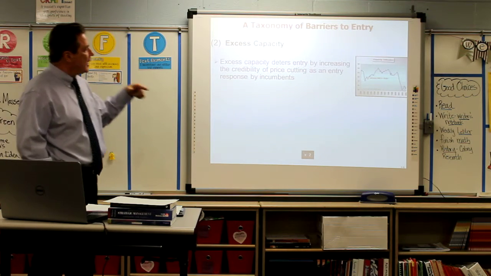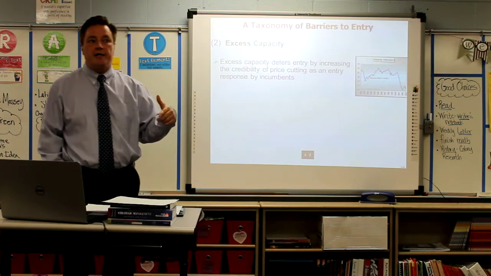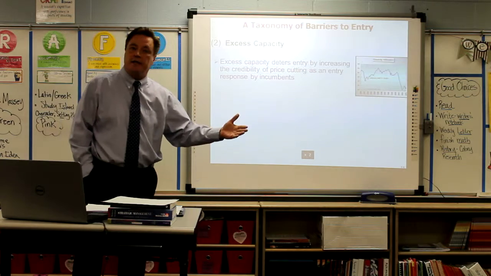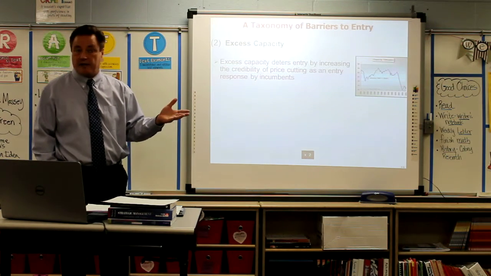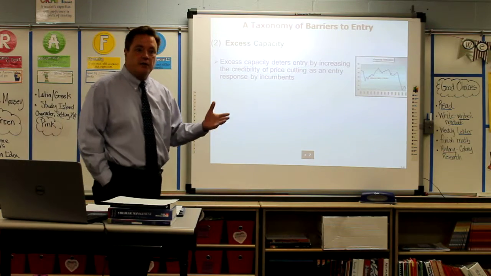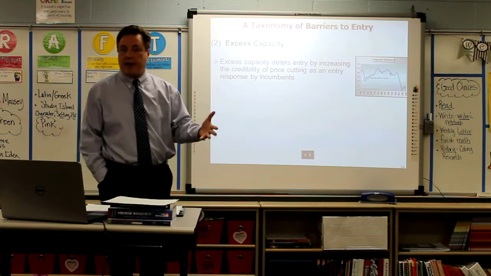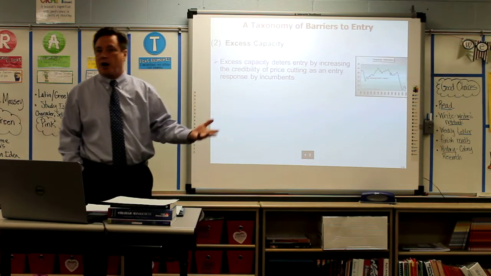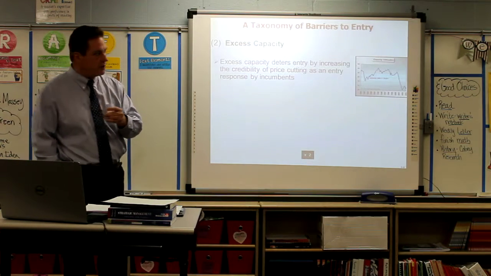Excess capacity isn't especially intuitive, but it's the idea that a firm that is an incumbent in the industry has excess capacity, or capacity that they're not using. They can use it, if some entrant comes into the market with capacity that they have built, to drop price and make it more difficult for that new entrant to compete.